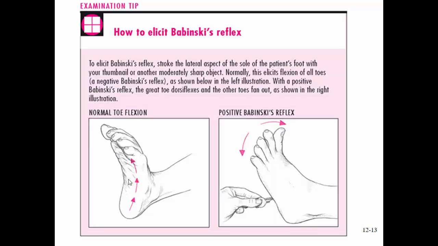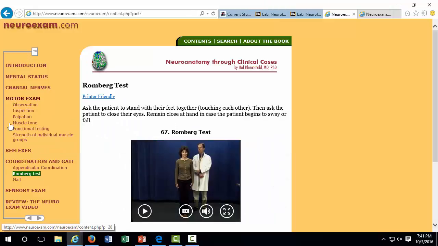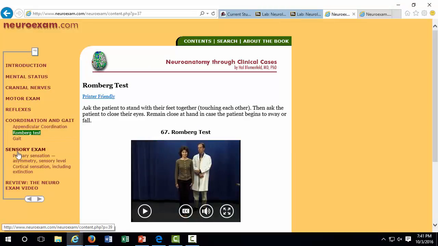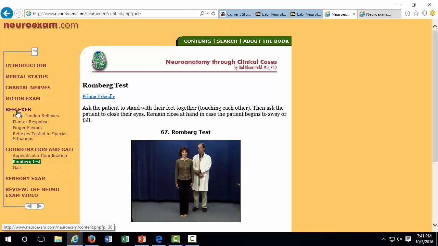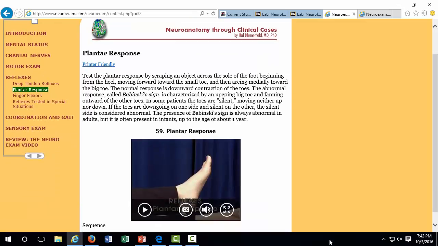So we don't want to see a splaying out of the toes. And that's the plantar reflex that we're looking for. The Babinski sign, again, is a splaying out, which is not normal. And again, if you look at the different reflexes, I do recommend that you look at those to see what the normal responses are. I'll show you hers.